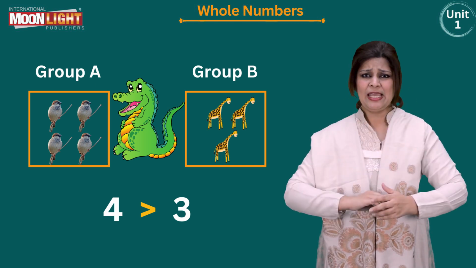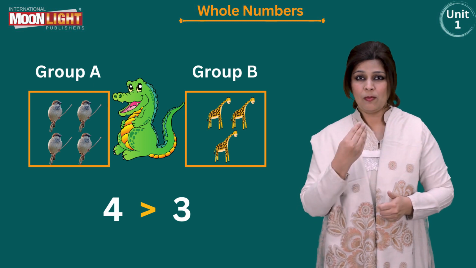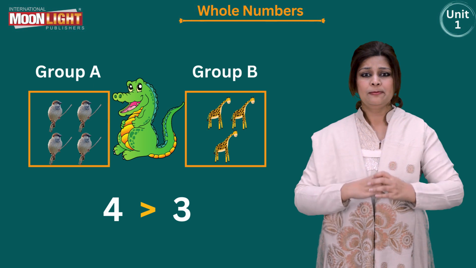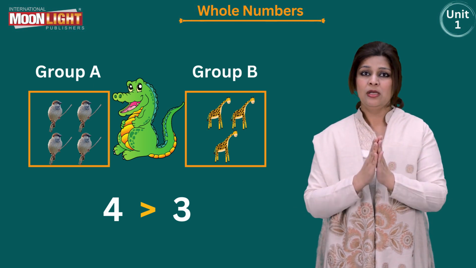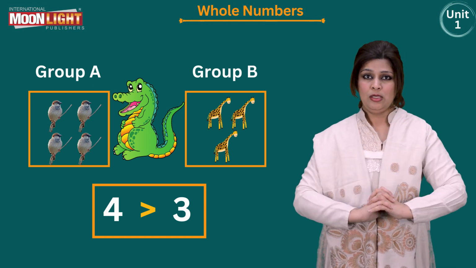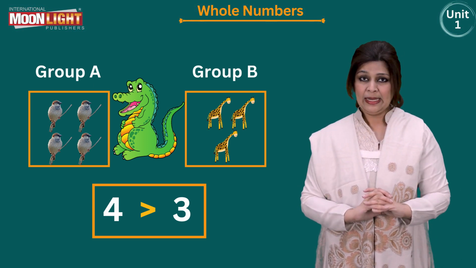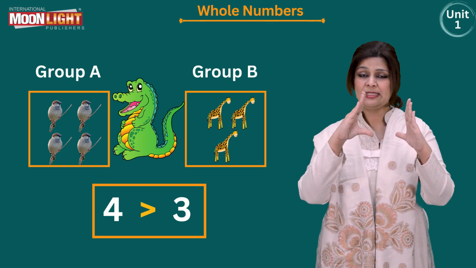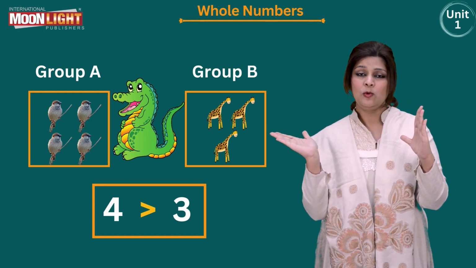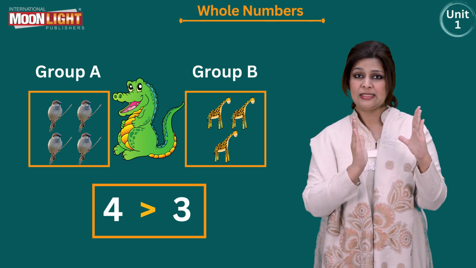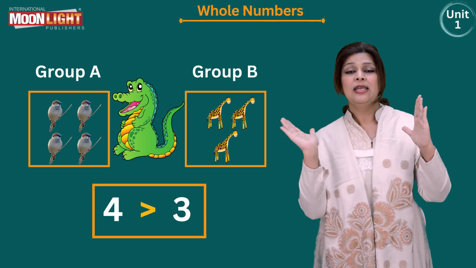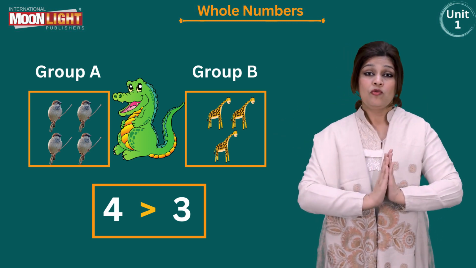But we can say from our mouth, because of our conceptual understanding, that the number 3 is less than the number 4. Clear? And the symbol we have used over here is the greater than symbol. But in another way we can say that 3 is less than, because if we are going to stand on number 3, then I can say that 3 is less than the number 4.